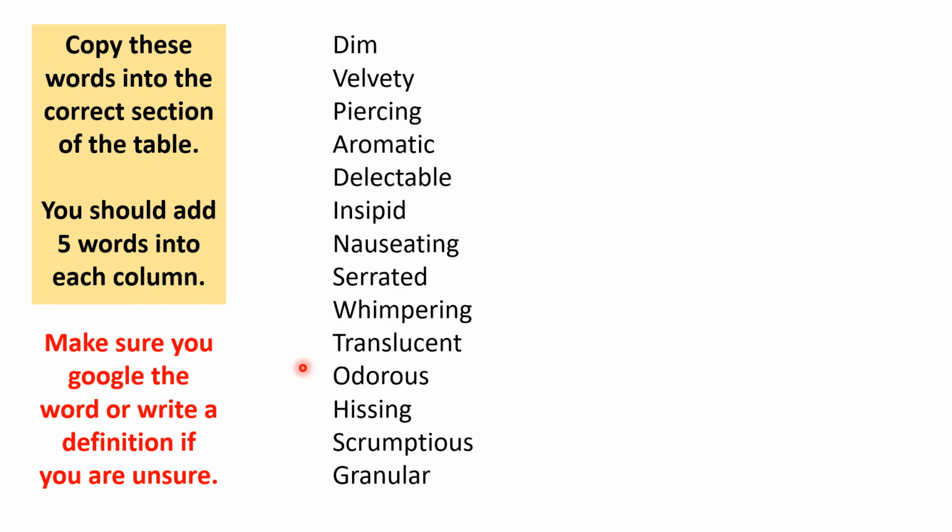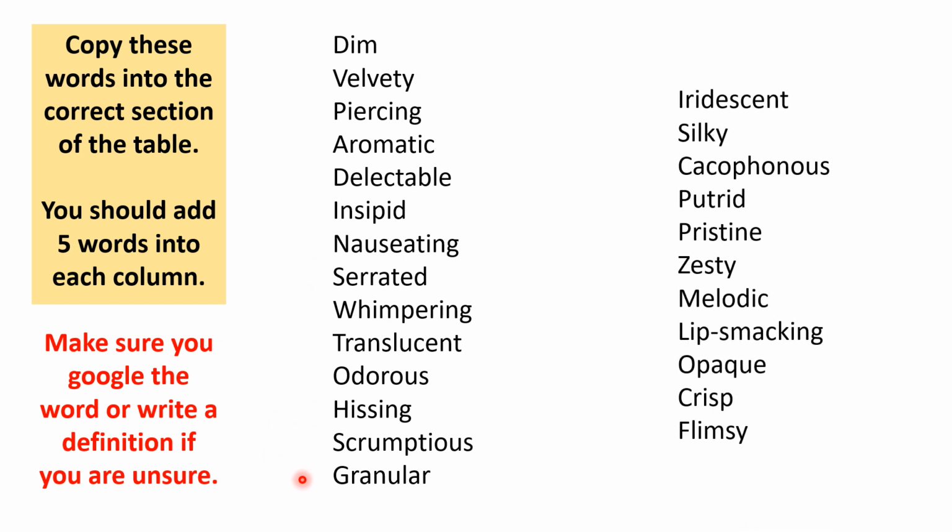So let's have a look at the words that we have got here. Dim, velvety, piercing, aromatic, delectable, insipid, nauseating, serrated, whimpering, translucent, odorous, hissing, scrumptious, granular, iridescent, silky, cacophonous, putrid, pristine, zesty, melodic, lip-smacking, opaque, crisp, and flimsy.